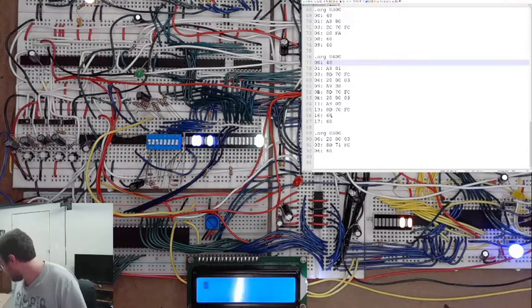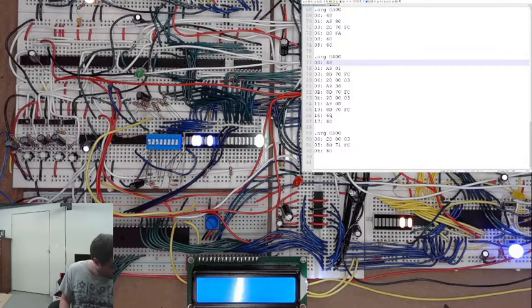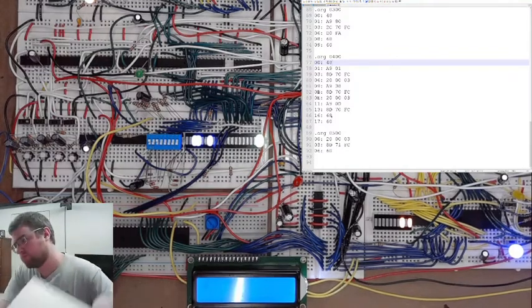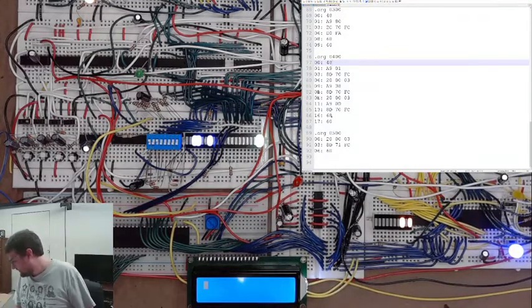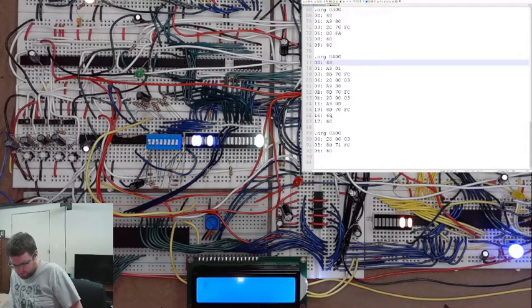It must not be the jump instruction anymore. Let's see, I expect jump.